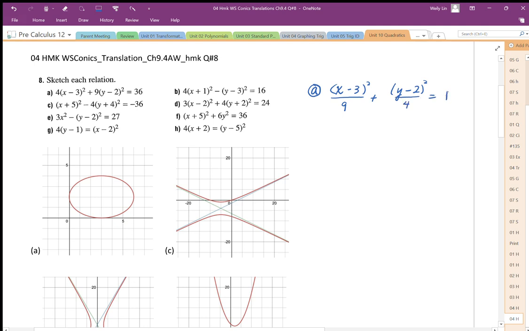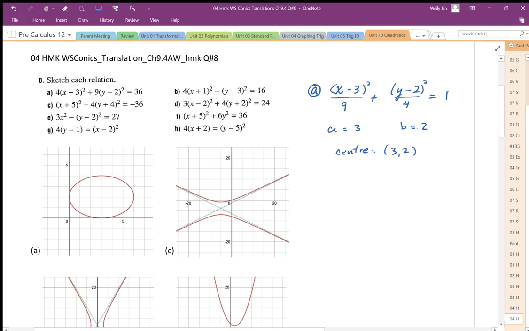And that's equal to 1. So the a value is equal to 3, and b is equal to 2. And the center is going to be based on the translation. The center coordinate is going to be at 3 and positive 2.